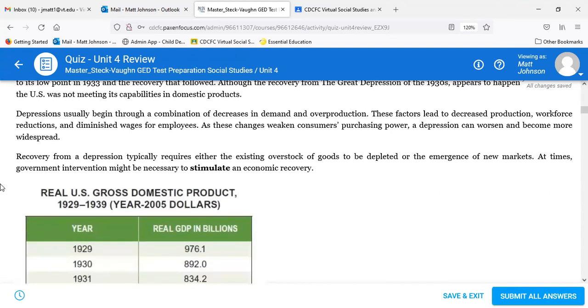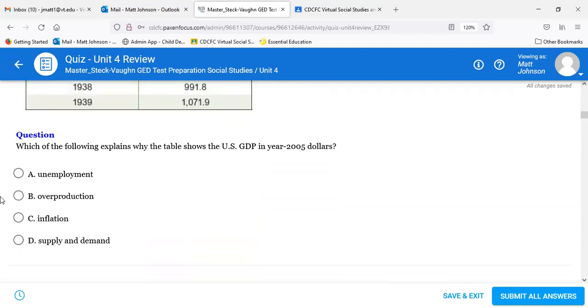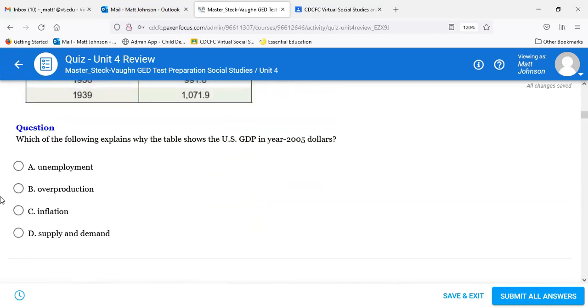3, we have our same passage for 3. How about Christiana? Would you read number 3 for us? Number 3. Which of the following explains why the table shows the US GDP in year $2005?